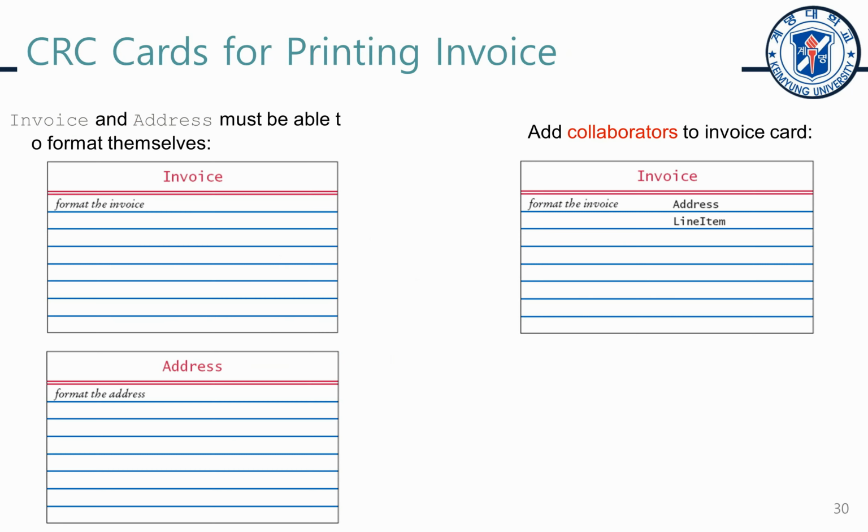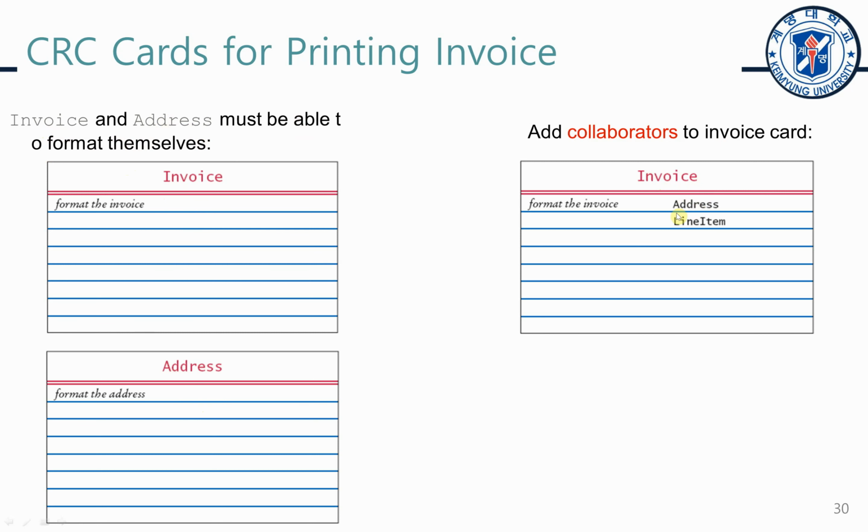So you can create a CRC card for each class that you have discovered, and then you can see that maybe we have two classes, invoice and address, that must be able to format themselves. We know that invoice collaborates with address.